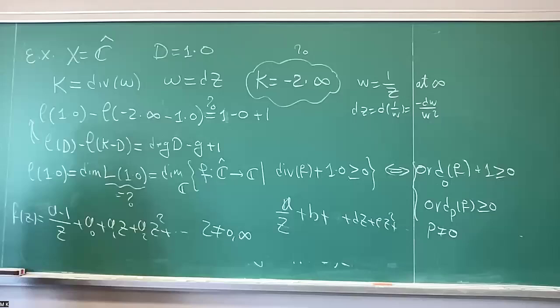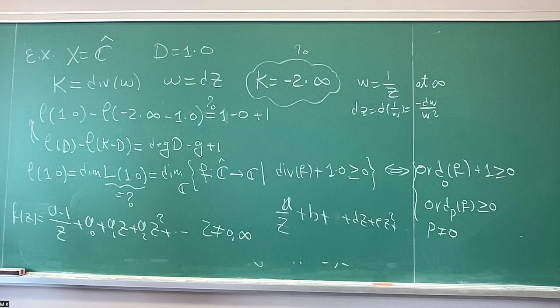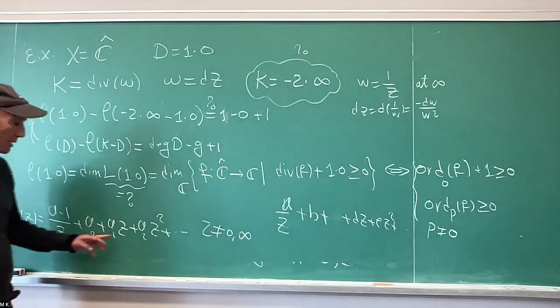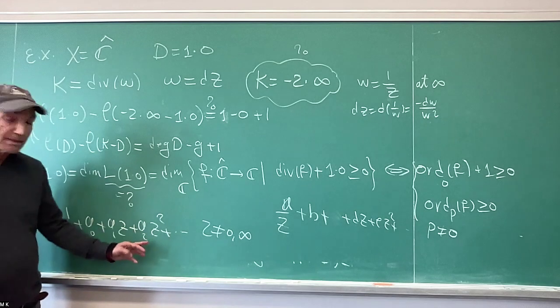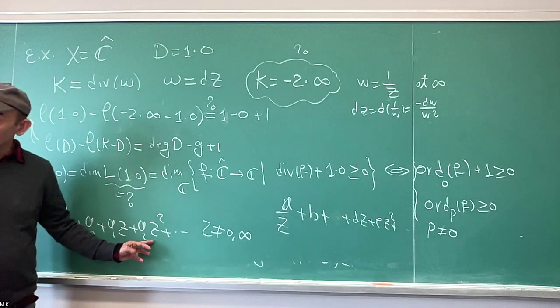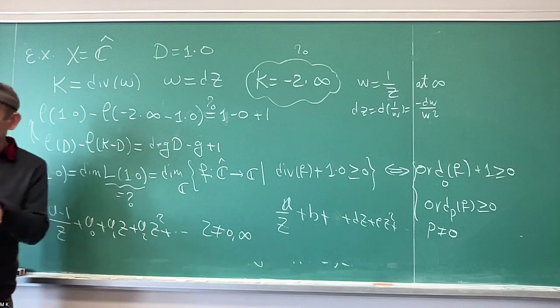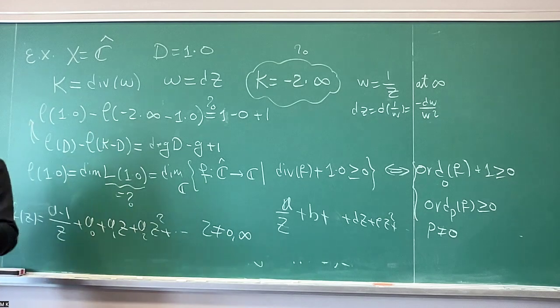Why? Your function cannot have any z factors. Because of the roots... The roots are a bit delicate because this is an infinite degree, and if you just have a rational function, you expand it, you get an infinite expansion.